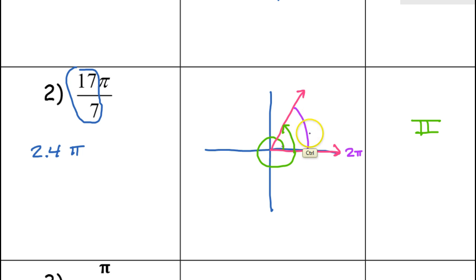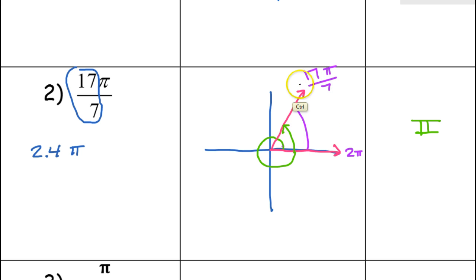If I rotated my way back to the x-axis, that's not 0, that's 2 pi, because I came all the way around and passed 2 pi. Now if I backed up, I'd be going back to 2 pi, not 0. And of course this terminal side is the original angle that we graphed. So this is 17 pi over 7.